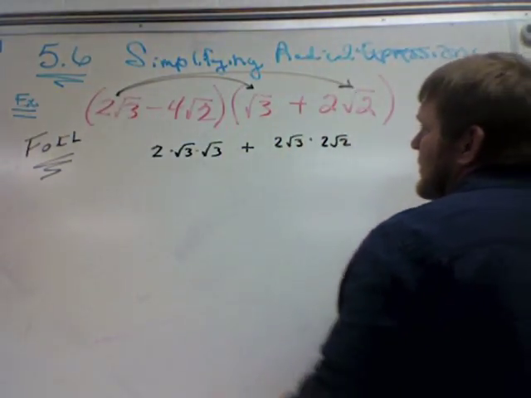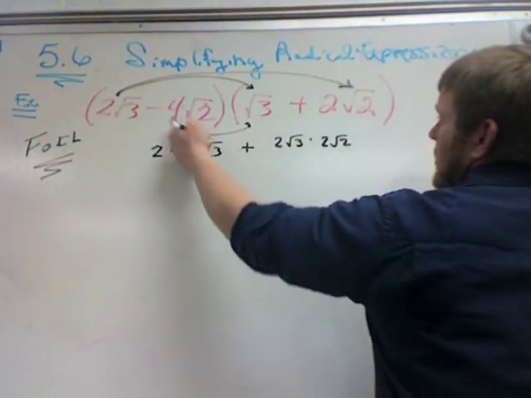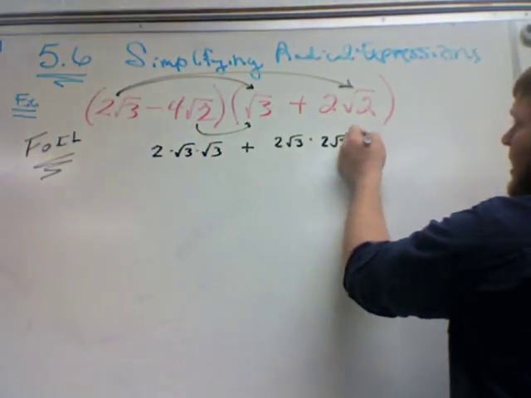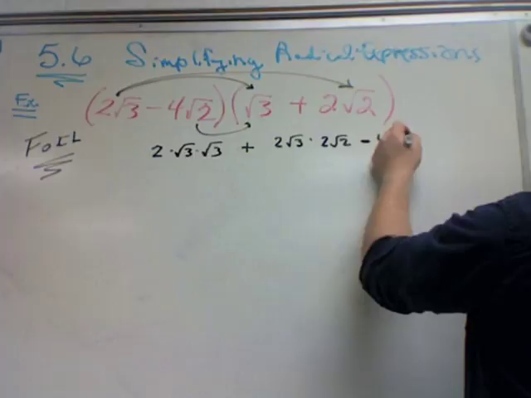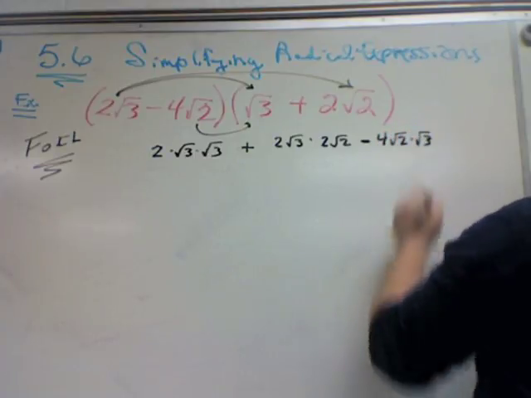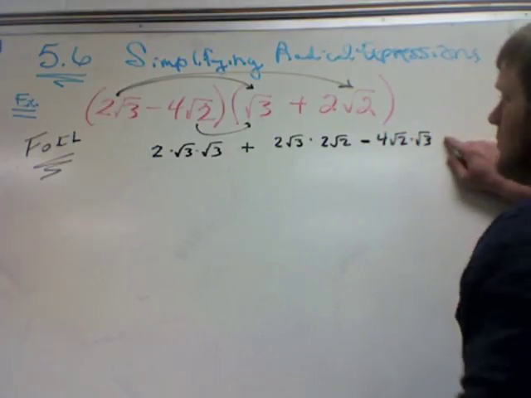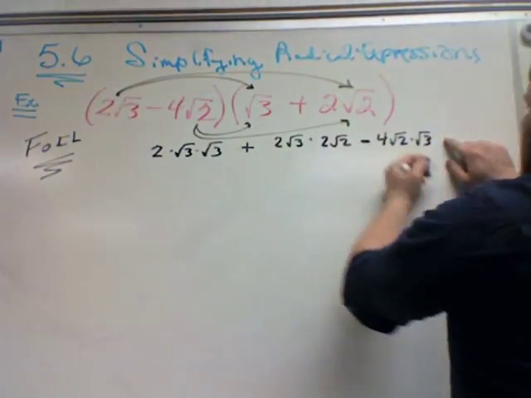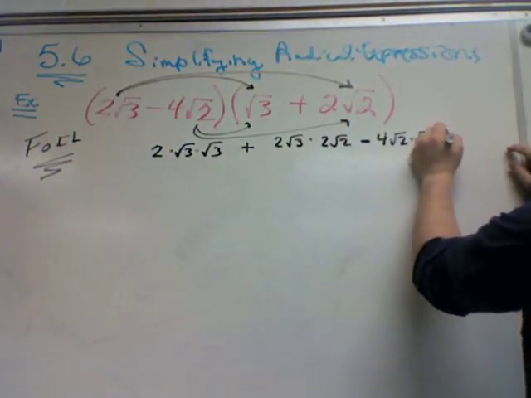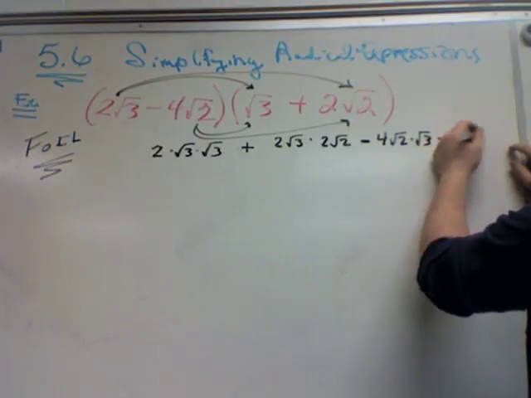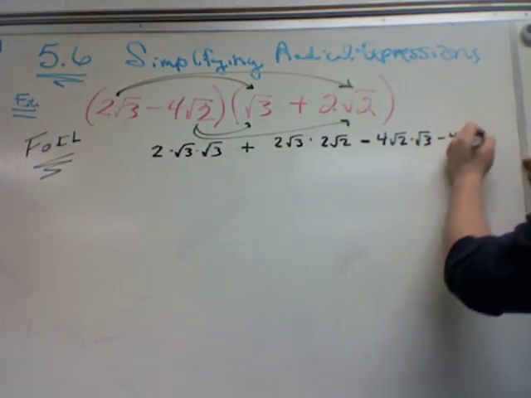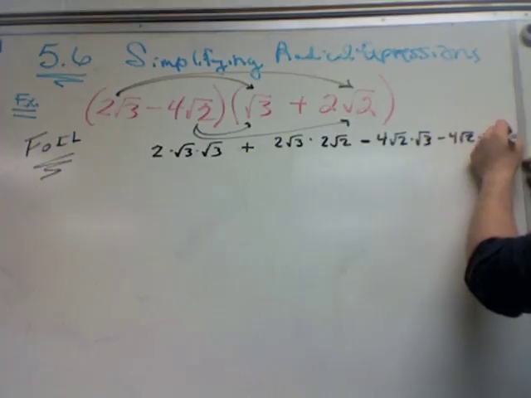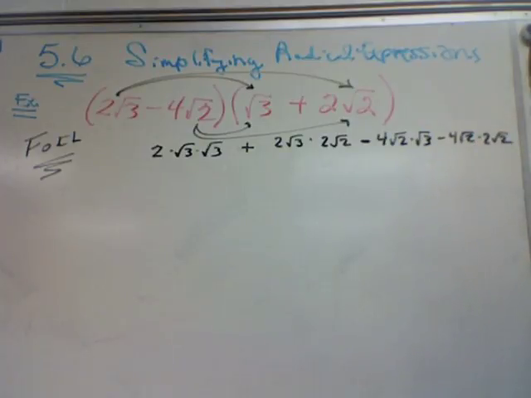And then inside terms, negative times positive would be a negative, so I have negative 4 square roots of 2 times square root of 3. And then finally, last terms, negative 4 square roots of 2 times 2 square roots of 2. Barely had enough room. Made it on there though.